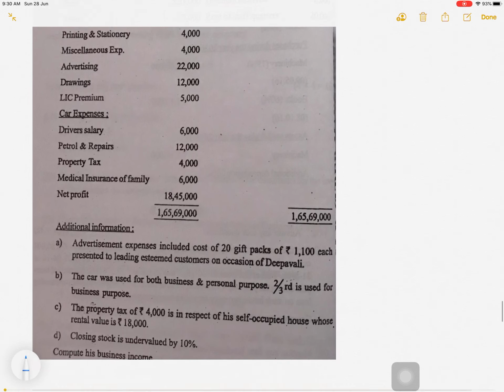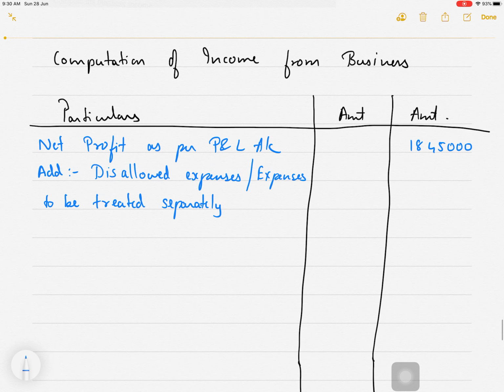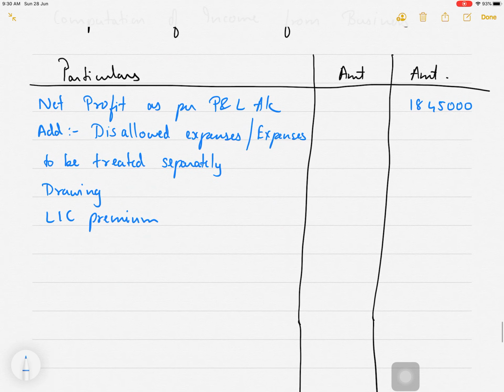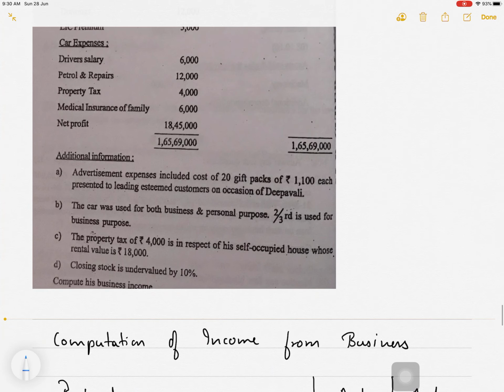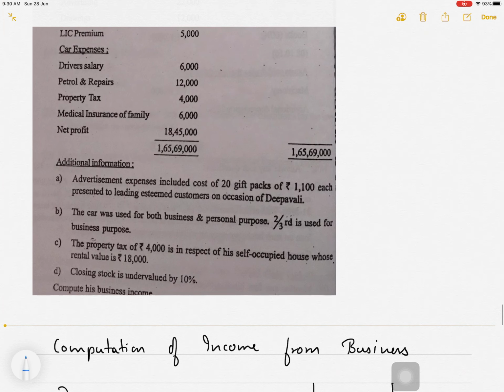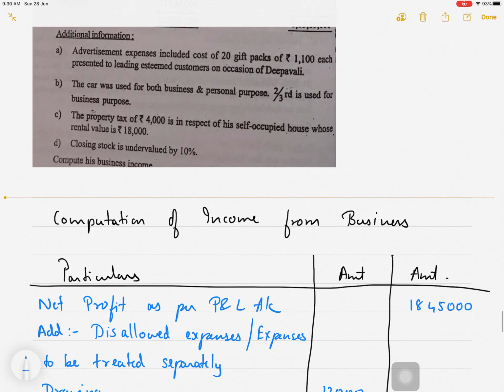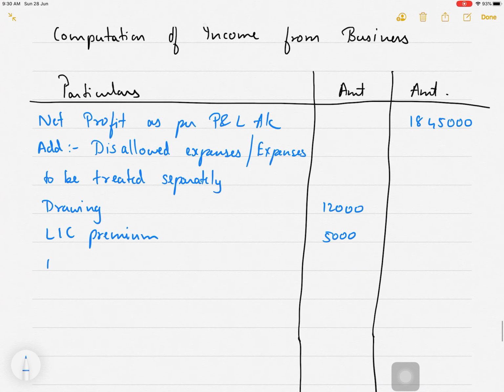So when you see your P&L account, you can see drawings and LIC premium 12,000, 5,000. Correct? And medical insurance of family, that is also personal.